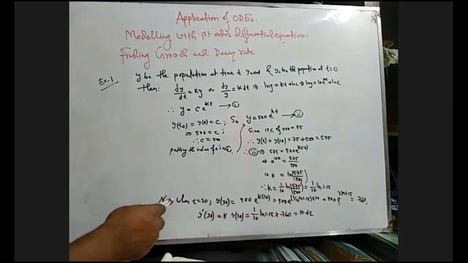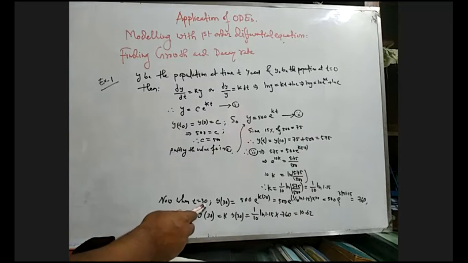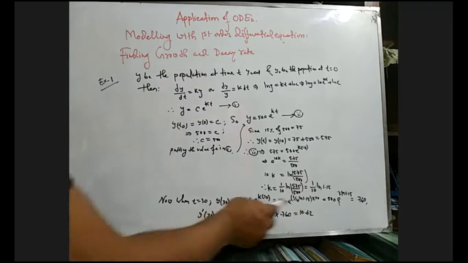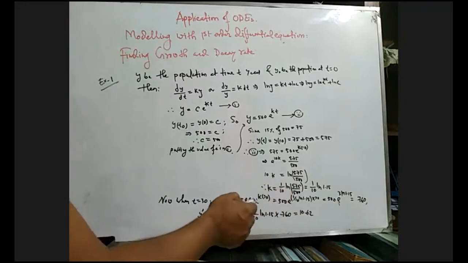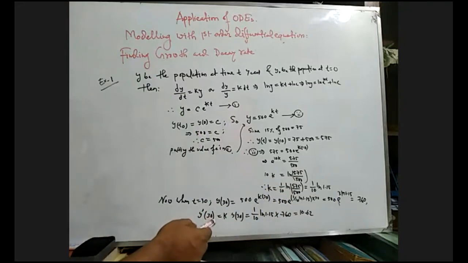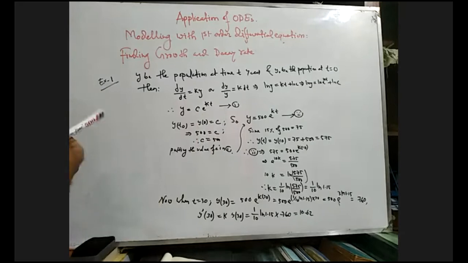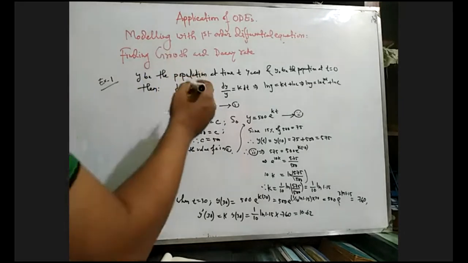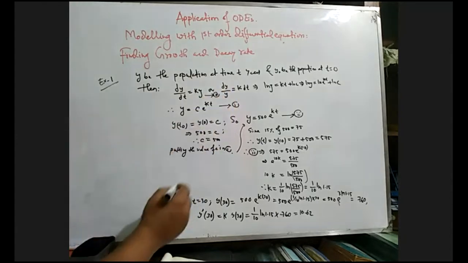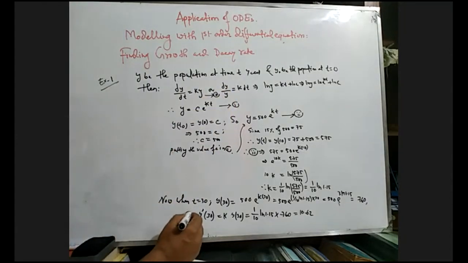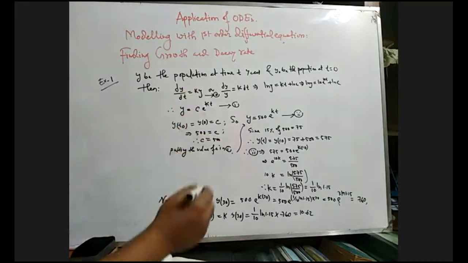Now at time t equals to 30 years, what will be the total population? 760. Putting the value of k here, now the rate of change of population within 30 years, from here we get these values. This is the rate.